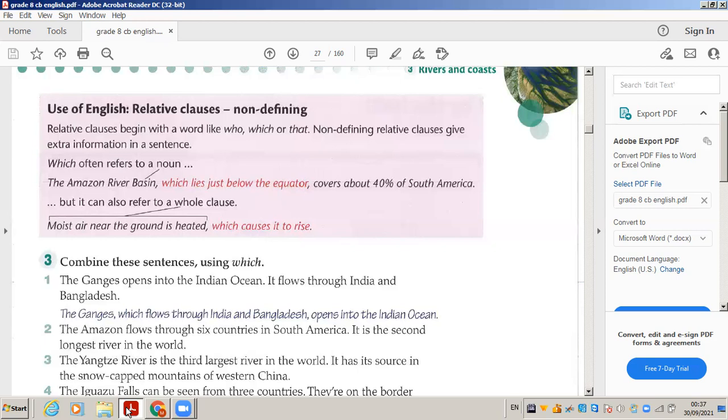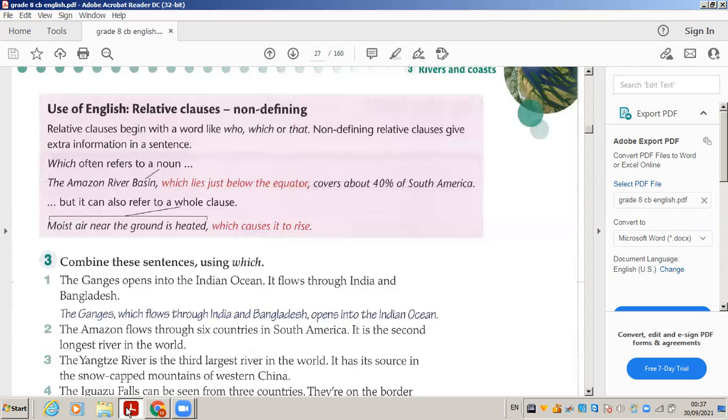For example, when I say I can cook a pancake, that is complete, an example of a clause.